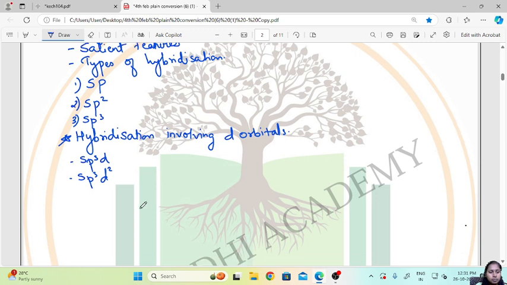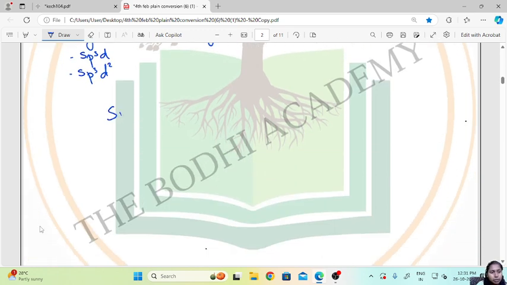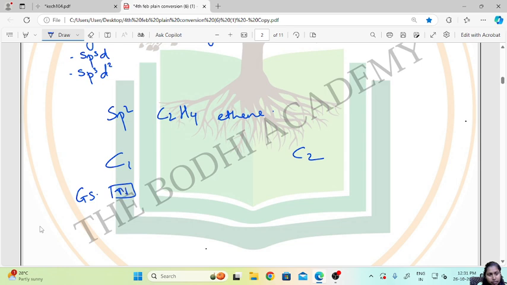I'll explain it here. Now, for sp2 hybridization of ethene, what will happen is carbon 1 and carbon 2, in the ground state, both the carbons will have electrons arranged in this format: 2 electrons in the 2s orbital and 2 electrons in the 2p orbitals.